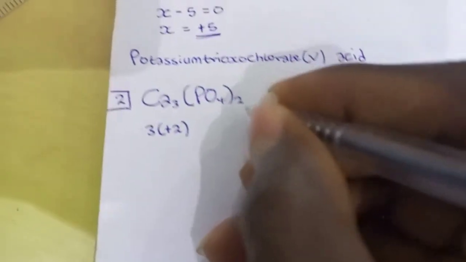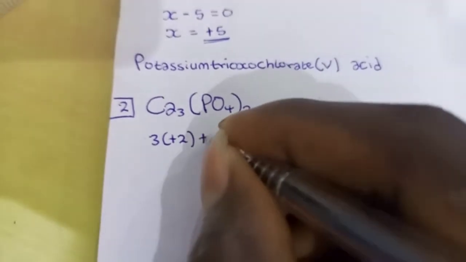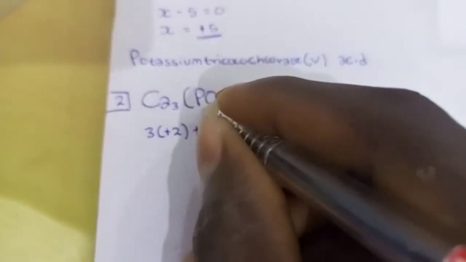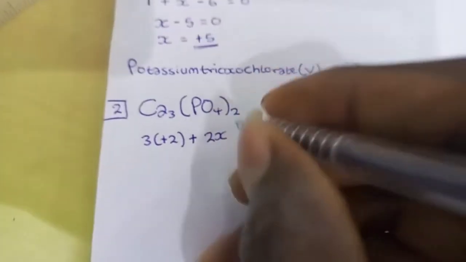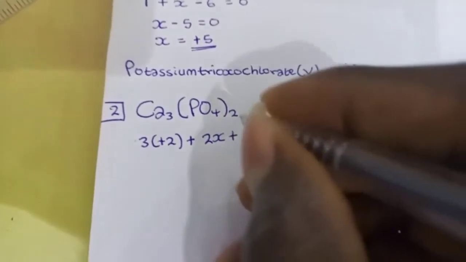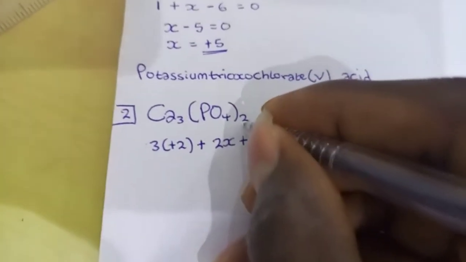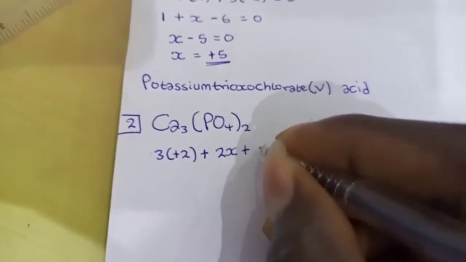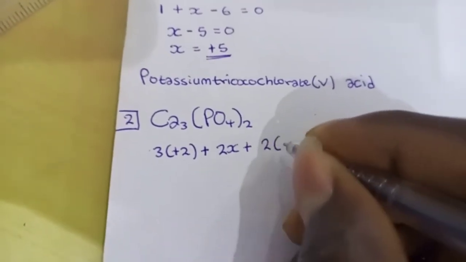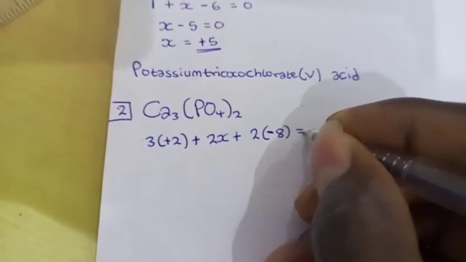Since this is a bracket, we have to multiply everything inside by 2. So plus 2x for phosphorus, plus 4 times minus 2, but since we have 2 outside, that should be 2 times minus 8. Equate everything to 0.